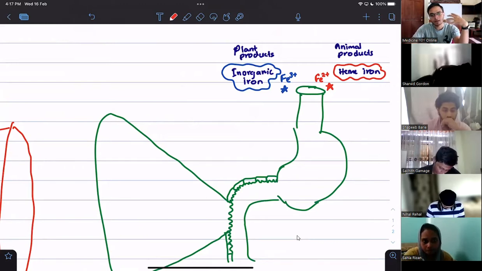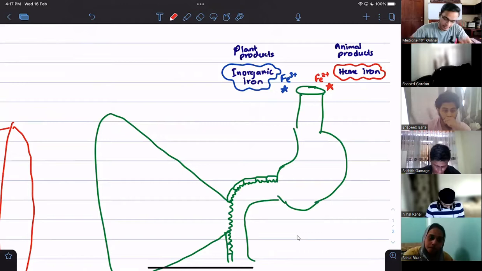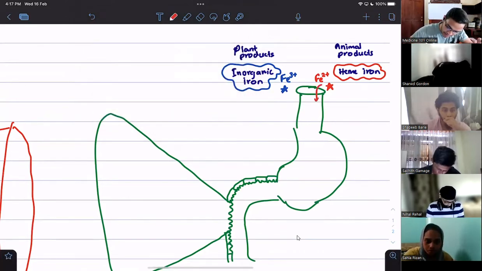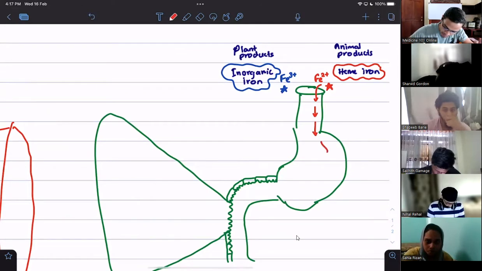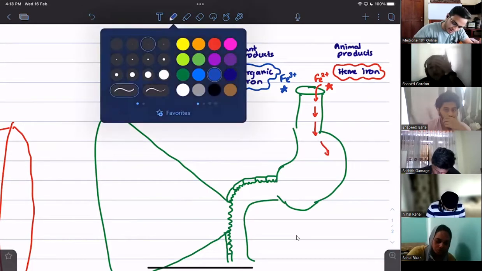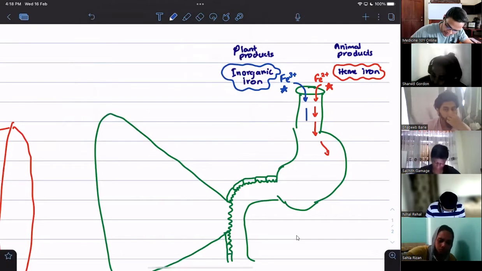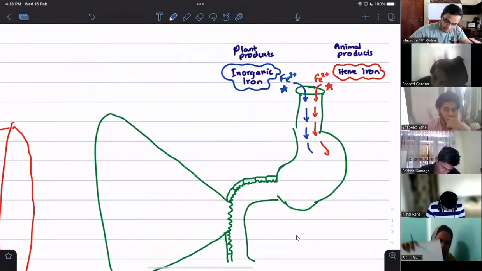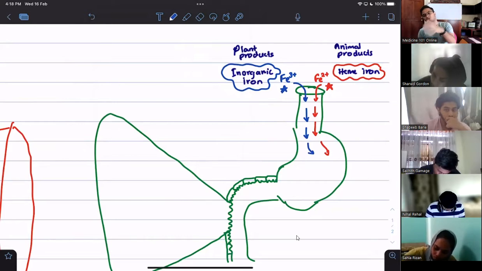So when we take a generalized meal like that, we are getting iron coming in from both forms. We will have heme iron coming from any animal products, and we will have this inorganic ferric iron coming through any plant products.